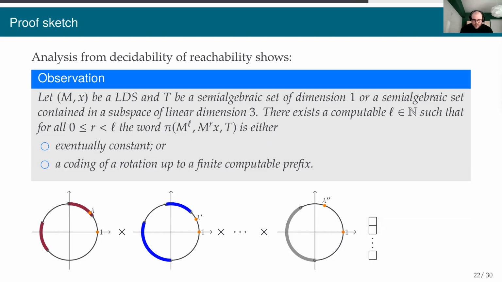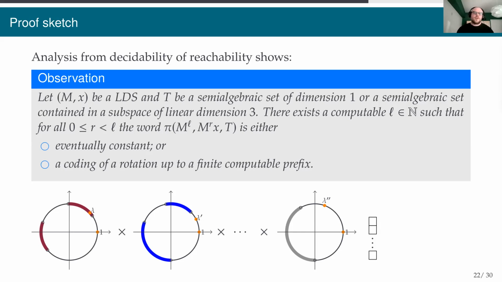As I mentioned previously, our systems were either some sort of Skolem-like situation, or you could model them using these codings of rotations. And this was the case of just one target, but of course it's not hard to see what the implications are for several targets.